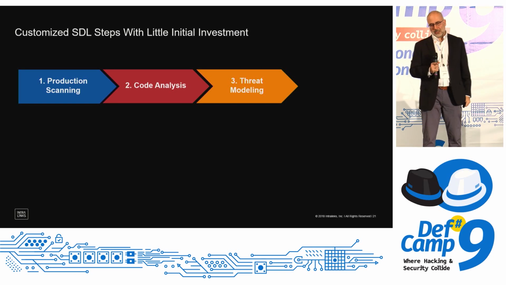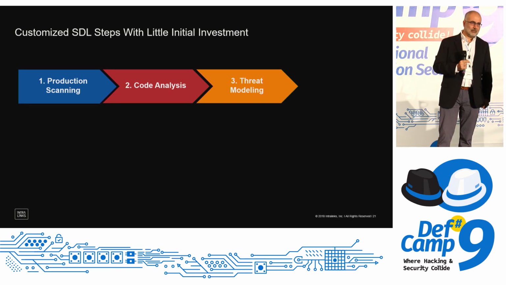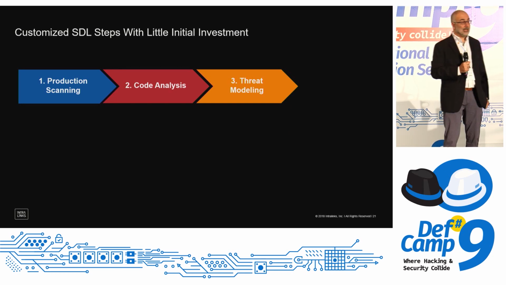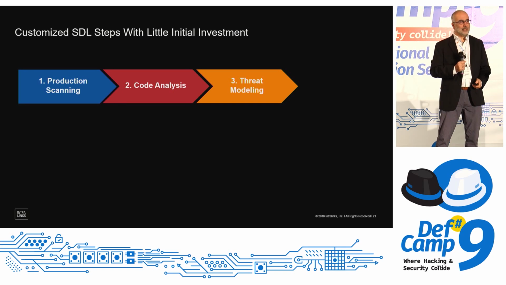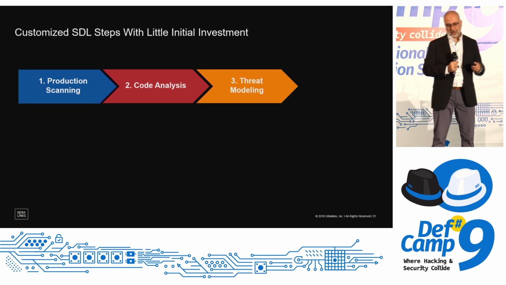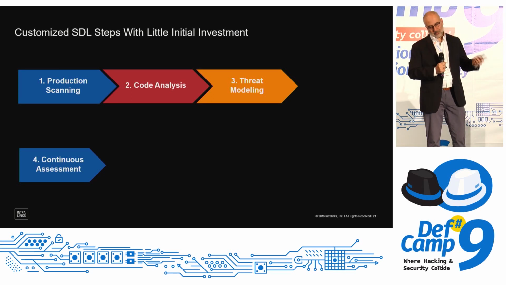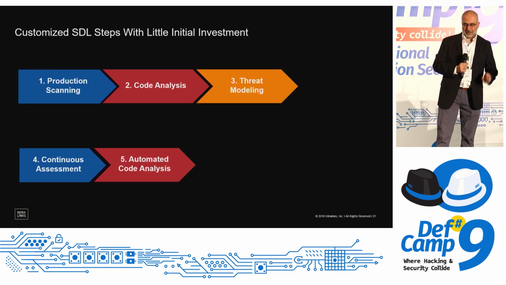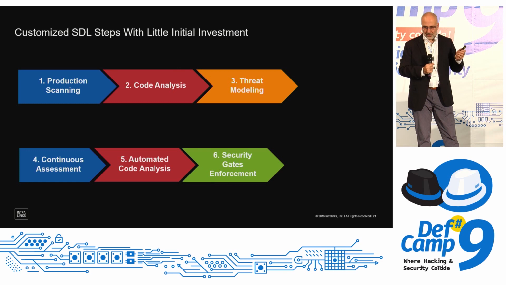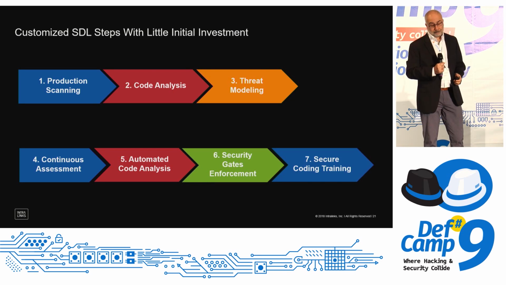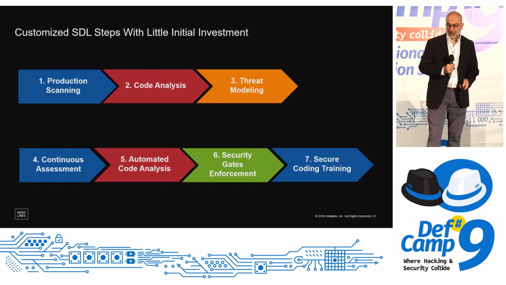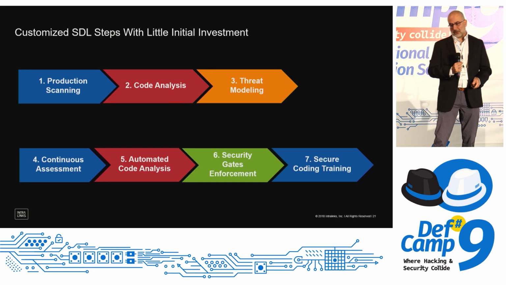You do that, you're ahead from a lot of people, unfortunately. But again, you're in a good place to really start to institutionalize application security within your development organization. So, and then you go in your maturity steps, your continuous assessment, your automated code analysis, security gates, and training. And I will finish with actually talking about the training part.